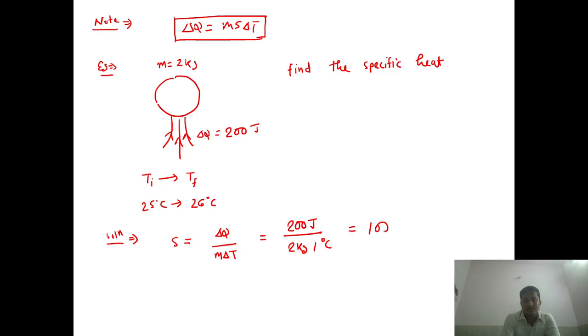Basically we are getting 100 joule per kg degree Celsius.